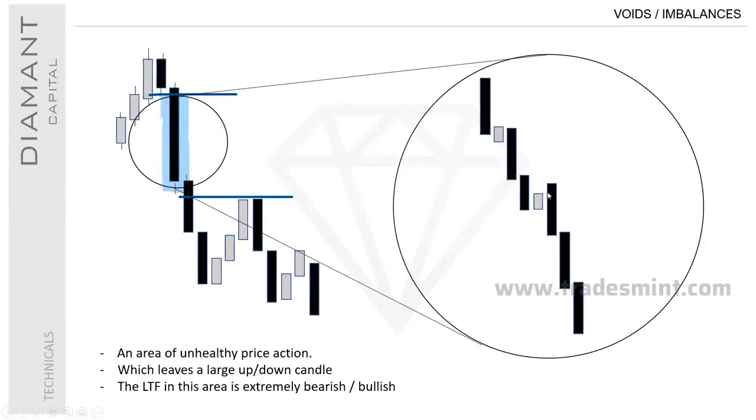This is unhealthy price action, because you've got such a large gap in the market with no orders of up or down candles. You've just got a massive move in that direction. And what usually happens is price likes to aim for that area as a draw on liquidity. A draw on liquidity is when price sort of gravitates to that area.